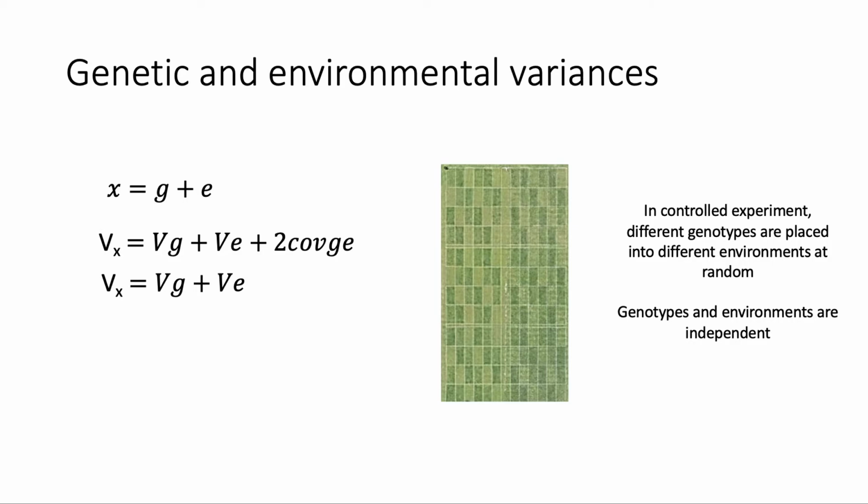That is why it is so important to use a random distribution of the genotypes in the field. So the covariance between the environment and the genotypes in theory is zero. That is why we remove it, and now the variance of the phenotype is equal to the genetic plus the environmental variance. That way the formula is a little easier to understand.